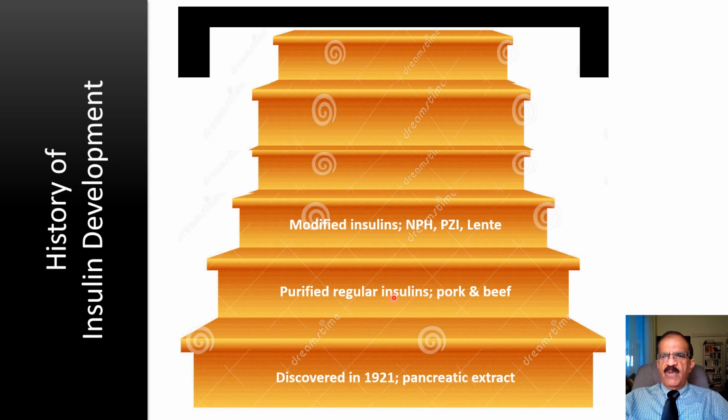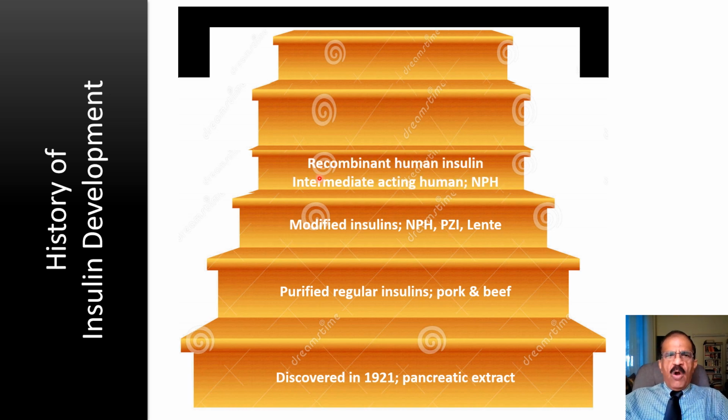That means it will have to be injected 3 times a day. Then some scientists made it long acting by attaching protamine and other stuff, and these are the insulins converted from pork and beef into NPH, PZI, and Lente, moderately long acting, intermediate acting medication.